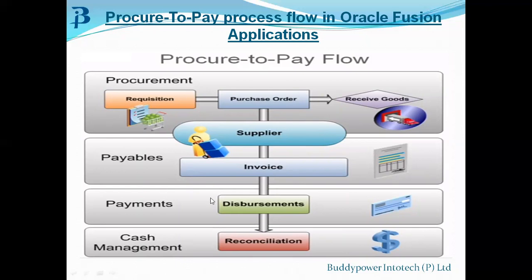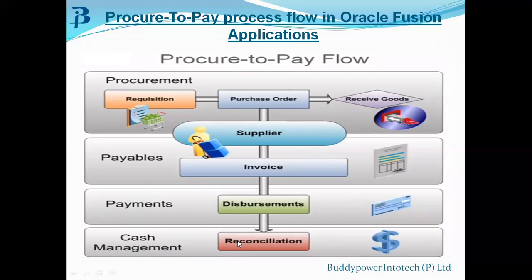Here, cash management is a module that handles statements from banks and integrates with multiple Oracle Cloud applications, such as your payables and receivables and payrolls. That gets taken care of by cash management. This enables you to even reconcile payments that you created in Oracle Payments against your bank statement.